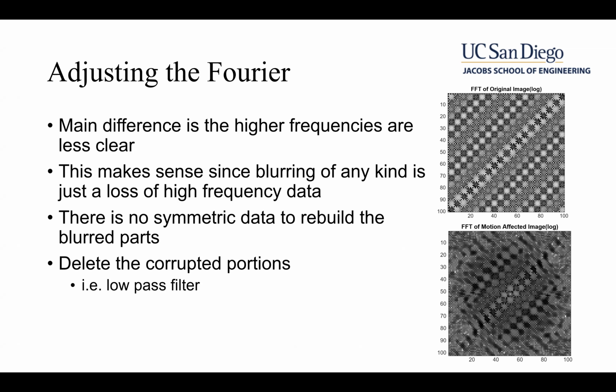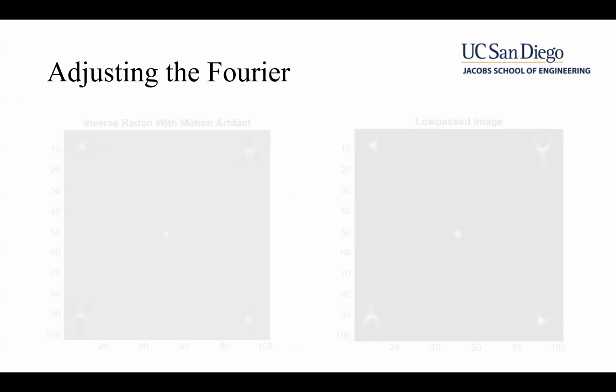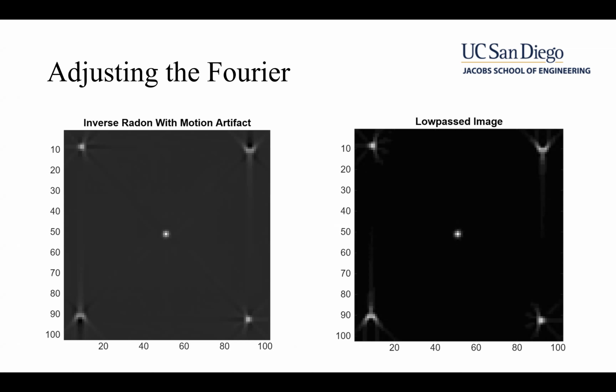So there is no correct way to try and fix this in the Fourier transform. The only path that I have found, based on previous experience, is to just delete the portions that are messy. And as you can see, this actually improves contrast quite a bit and removes some of the artifacting.